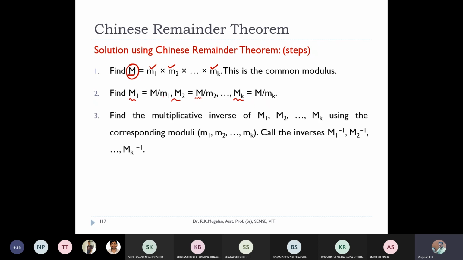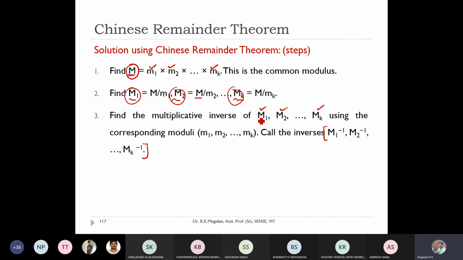The third step is to find the multiplicative inverse of these M1, M2 up to Mk, and you name them with their respective moduli.